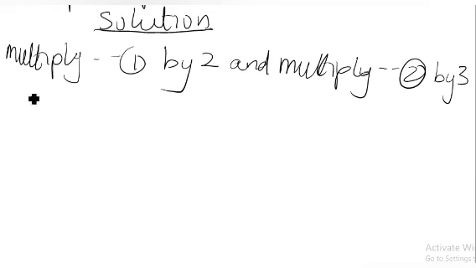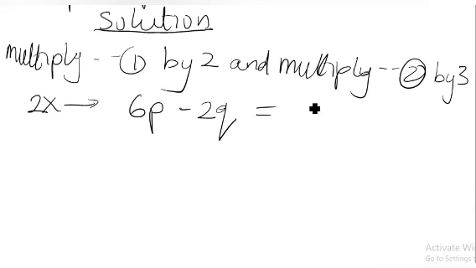So when we do that, you have 2 times 3p will give you 6p, minus 2 times q will give you minus 2q, equal to 2 times 6, which is 12.